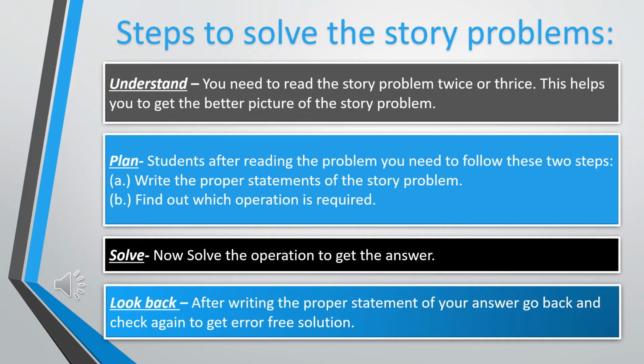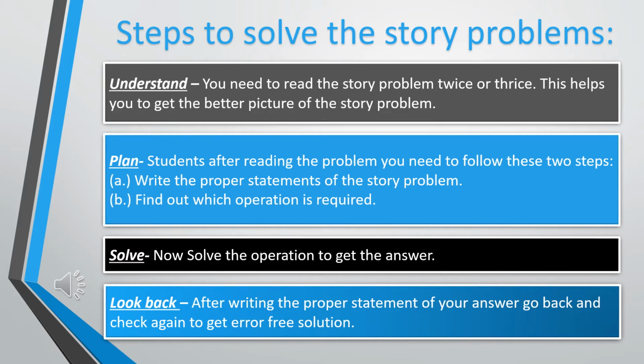First one is write the proper statements of the story problem. Means we have to write the statements while doing the story problem. Next, find out which operation is required. Means you have to find out whether your word problem is of addition or subtraction. After that, solve. Then we have to solve the operation to get the answer.